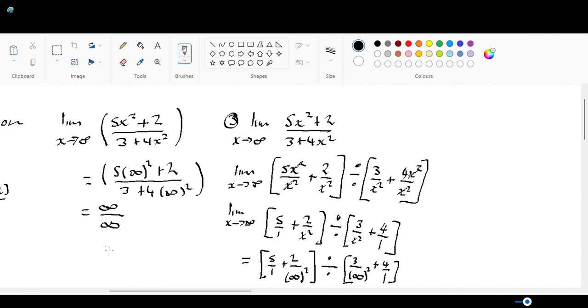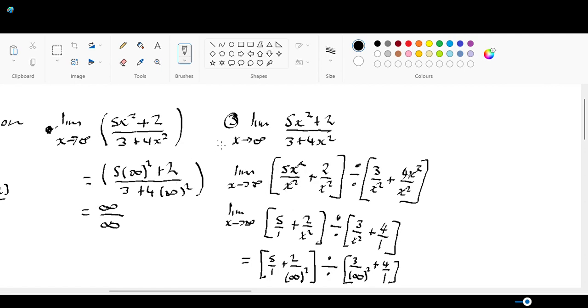Now we sometimes have problems whereby you cannot do direct substitution and you cannot simplify. What do you do? For example, we have this problem here, where you are given this function and the limit, and x is approaching infinity. You can't simplify, and when you do direct substitution, you get infinity, which is not acceptable. So what you do here is divide each term by the x with the highest power.